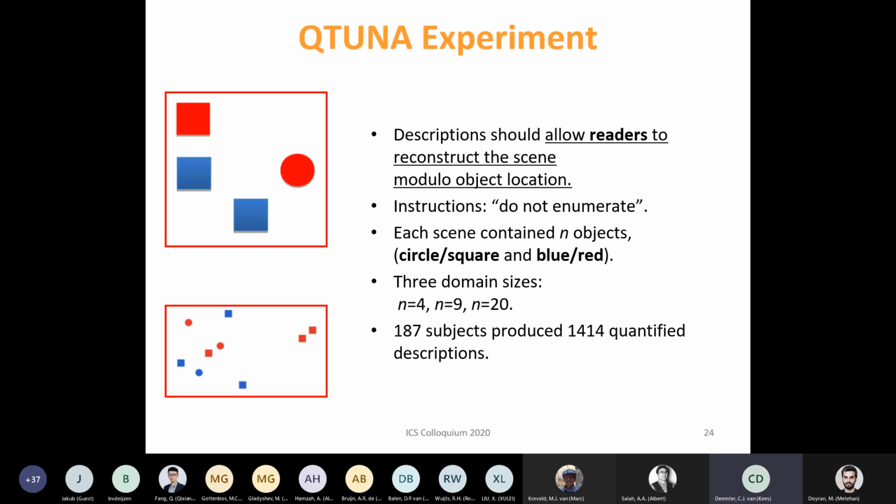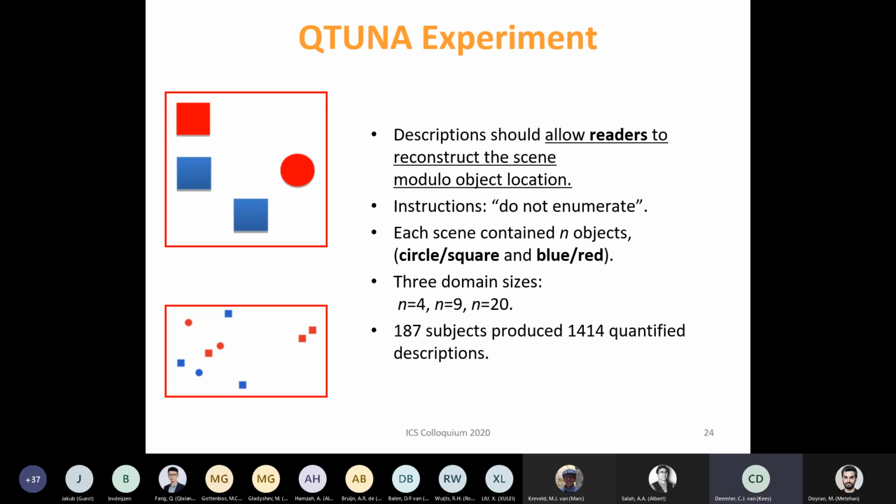We asked subjects, speakers, to describe a scene like the one at the top in such a way that a reader would be able to reconstruct the scene. Reconstruct, that is, modulo location, right? We don't care where the objects are, just that there are two blue squares, etc.